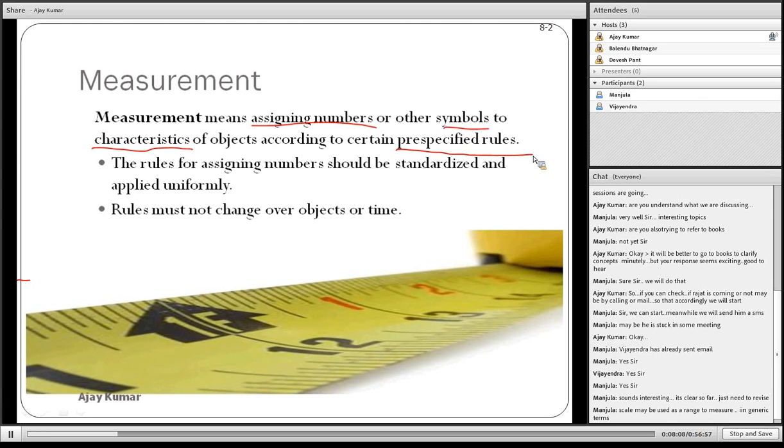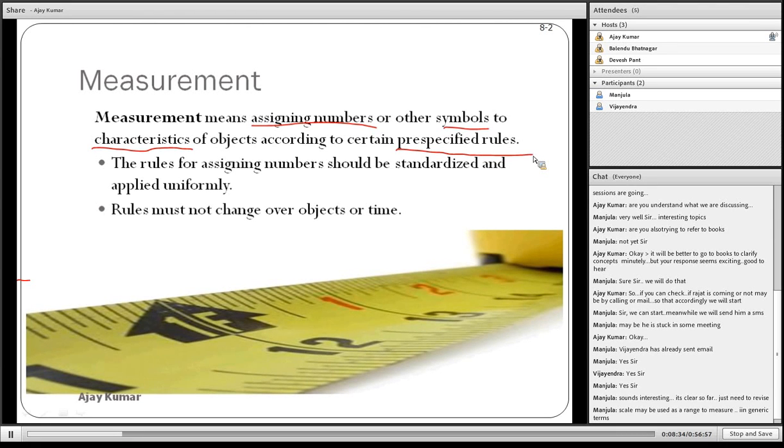So it is an important factor that whenever we are assigning numbers to anyone, we are talking of some standardization, and this standardization has to be uniform. Let us take the example that we have been trying to understand since the beginning of this session: measuring the height of the class of 58 students.